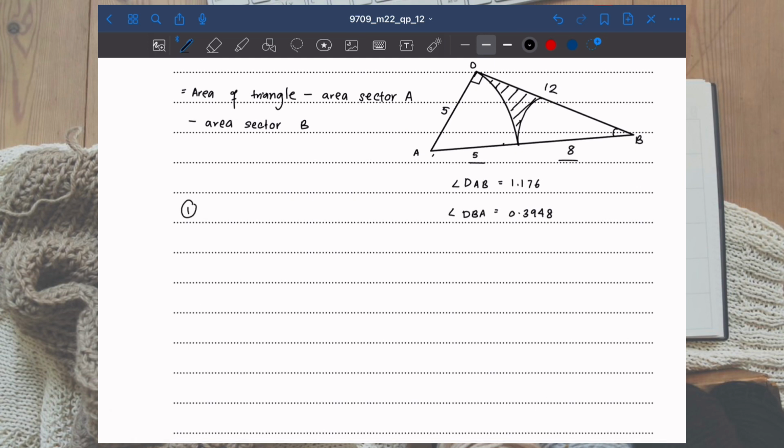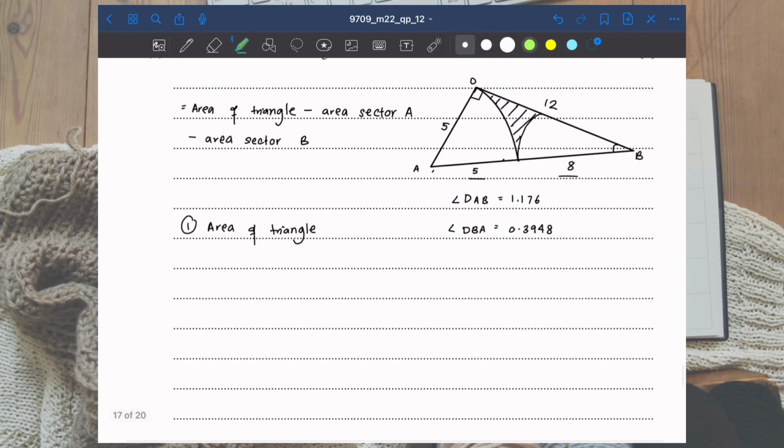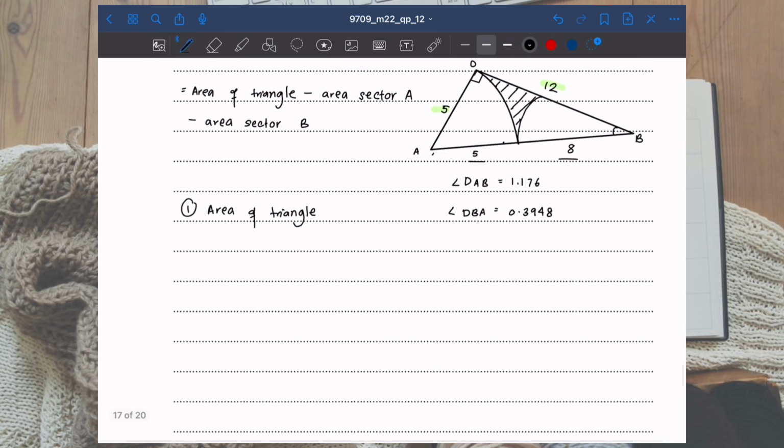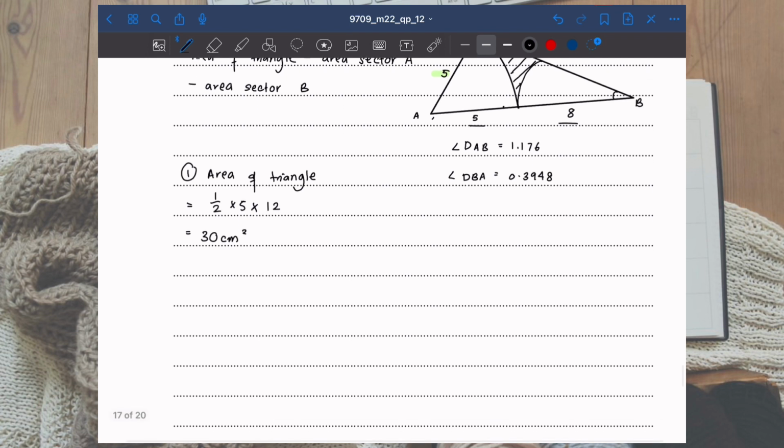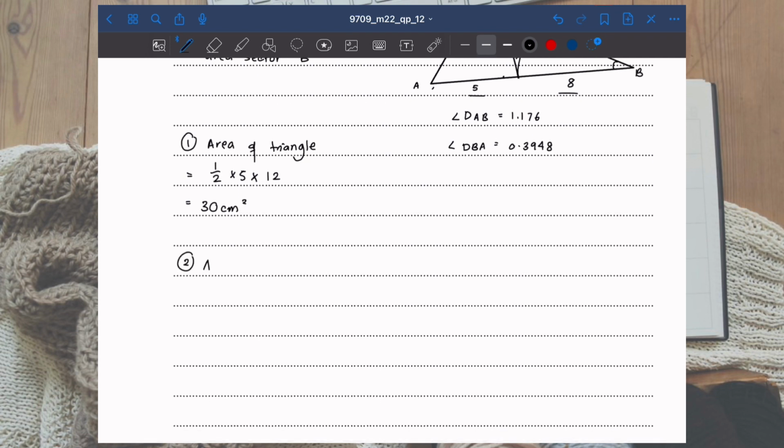So first we'll find our area of triangle. We already have our base, which is 12, and our height, which is 5, where we found it in the previous question. So our area of triangle is half times 5 times 12. This is 30 centimeters squared. And then our area of sector A will be half r squared theta.